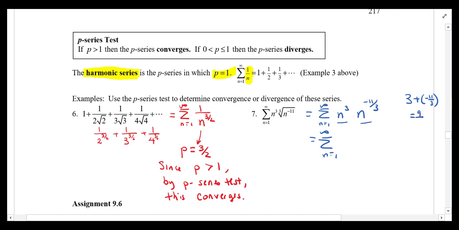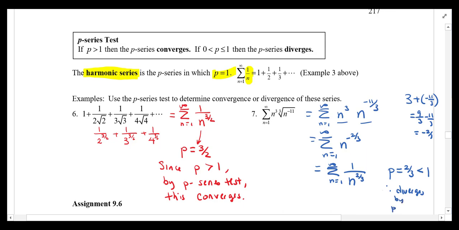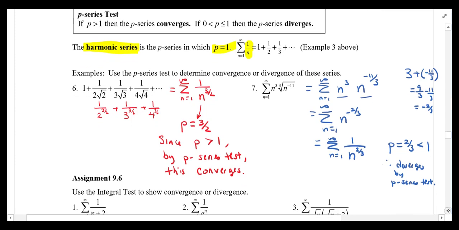That's, I believe, 9 over 3 minus 11 over 3. That's negative 2 over 3. So n to the power of negative 2 over 3, which as a p-series, once again, yes, we have to rewrite it so that it's 1 over n to the power of positive 2/3. In this case, our p-value is 2/3, which is less than 1. So yes, this diverges by the p-series test. That's it. Now get to work.